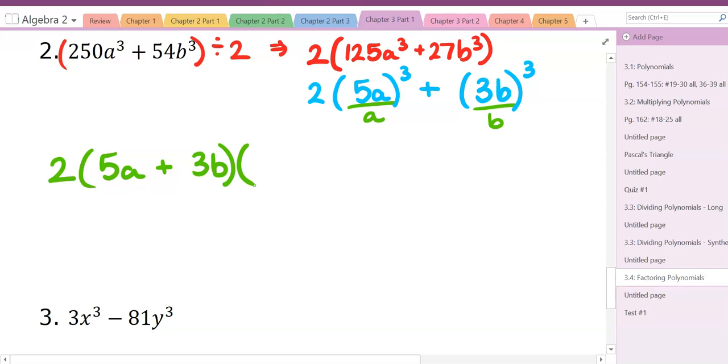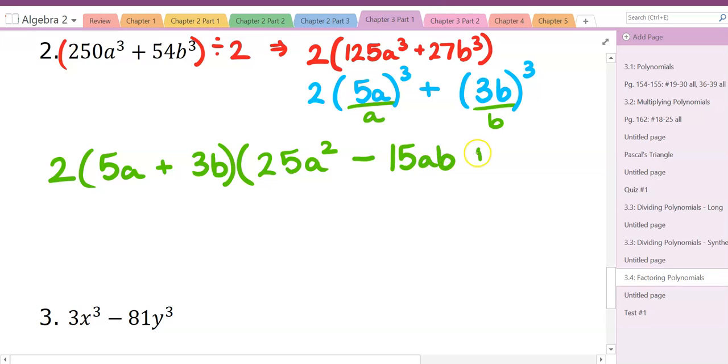What would be 5 squared? 25. And then a squared is just going to attach. Then it says minus your a times your b. So what is 5a times 3b? $15ab. Good.